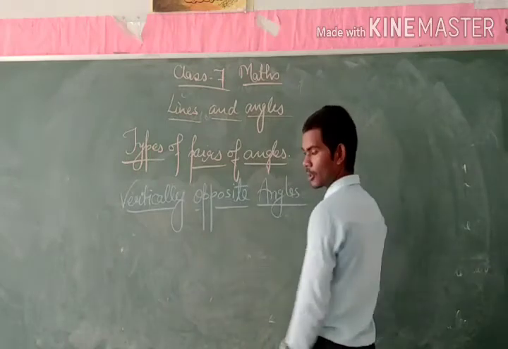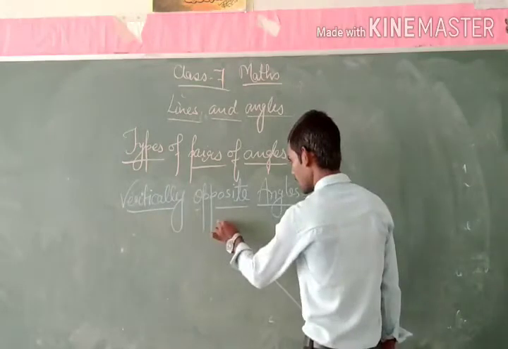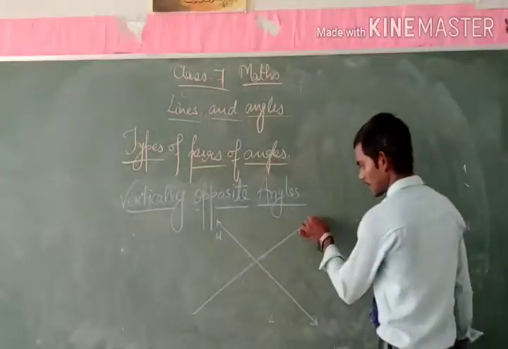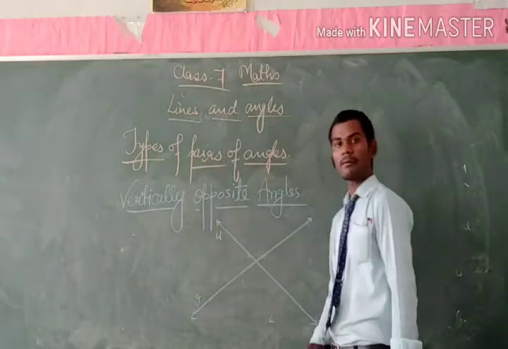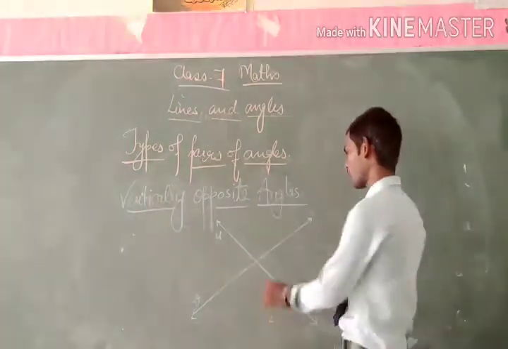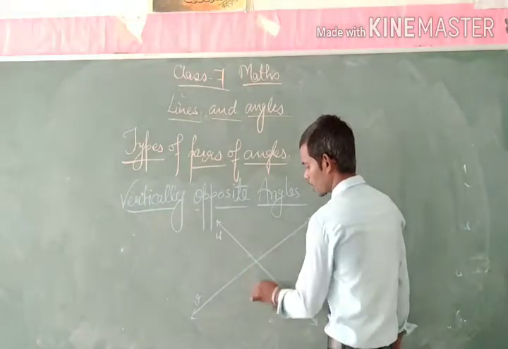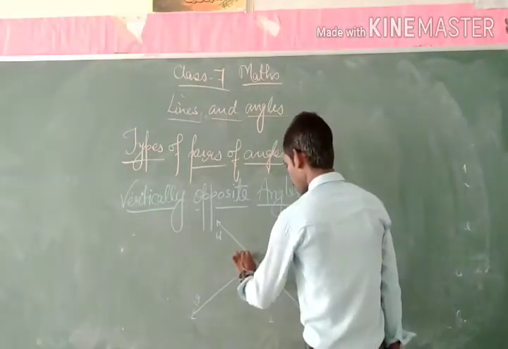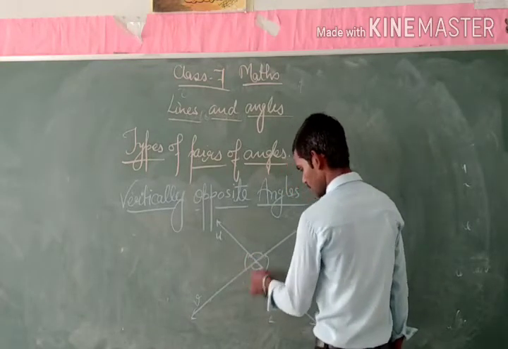Here we have two lines: this is the first line, and we name it U, and this is the second line, and we name it V. Here we have two lines U and V which are intersecting at the point O. Here we can see that a few angles are formed at the point of intersection.